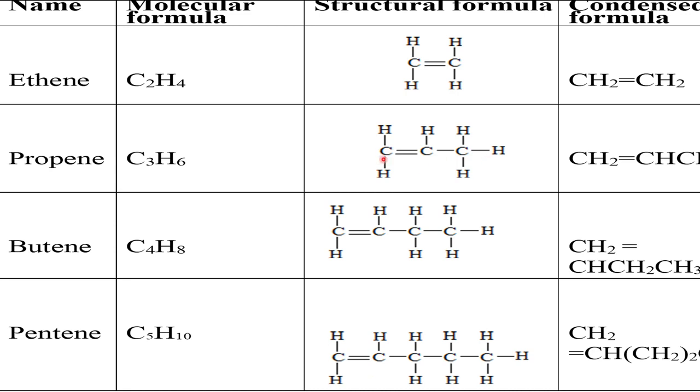And the condensed formula, of course, is CH2 bonded to CH bonded to CH3. So again, due to space, I can't show everything here. Then we have butene, which is C4H8 with a single carbon to carbon double bond. Also have pentene, C5H10, again with a single carbon to carbon double bond.